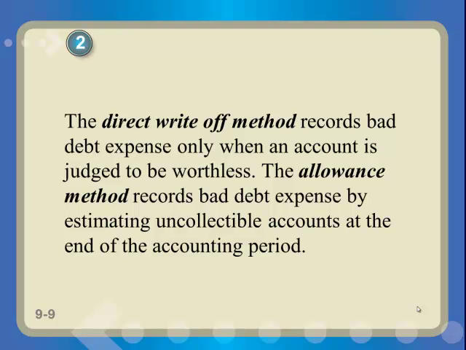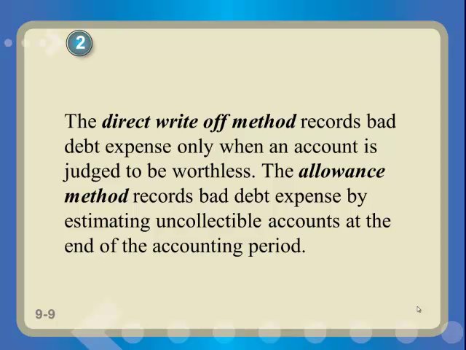The allowance method records bad debt expense at the end of every accounting period based on sales. What the allowance method does is you look at how much you allowed customers to put on credit during the period, and then you make an estimate, 1% maybe, 5%.